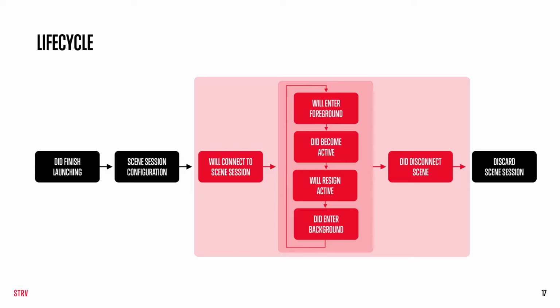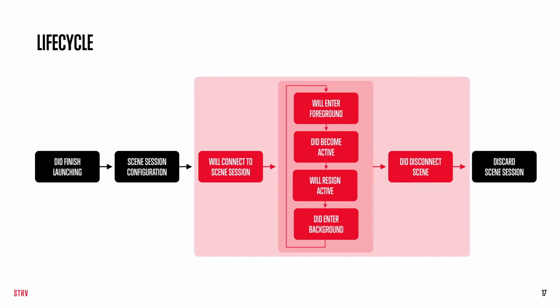Then the scene session is created and a scene is constructed, like the scene delegate is initialized. Then will connect scene session is called in the scene delegate. This is pretty much the equivalent of did finish launching for the application delegate. Then there is the well-known loop of UI methods, will enter foreground, did become active, etc.